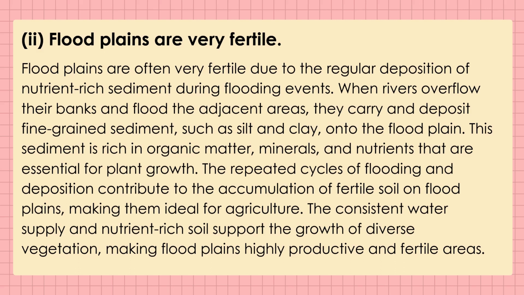This sediment is rich in organic matter, minerals, and nutrients that are essential for plant growth. The repeated cycles of flooding and deposition contribute to the accumulation of fertile soil on floodplains, making them ideal for agriculture. The consistent water supply and nutrient-rich soil support the growth of diverse vegetation, making floodplains highly productive and fertile areas.